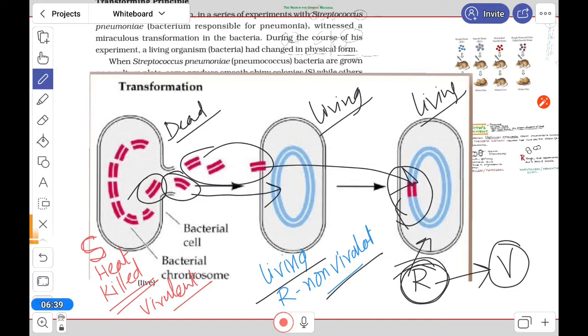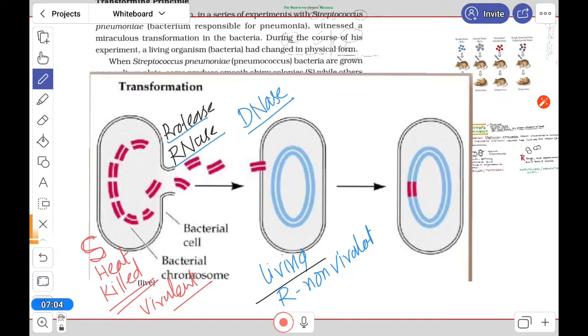It is shifted to the living bacterium, and the living one now converts into that dead organism's character, and it causes pneumonia, and the mouse dies.